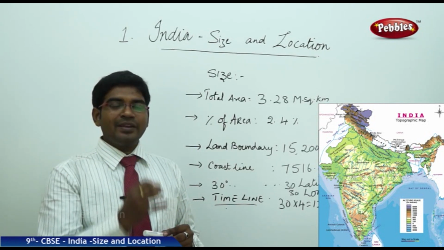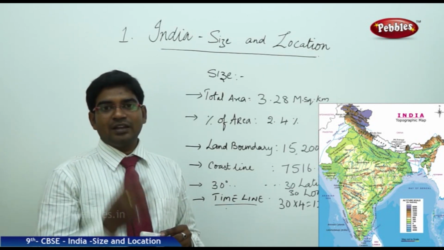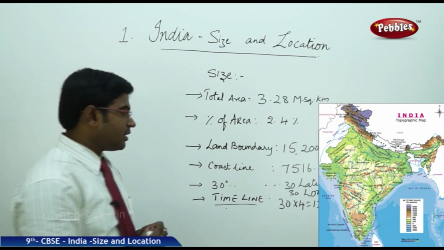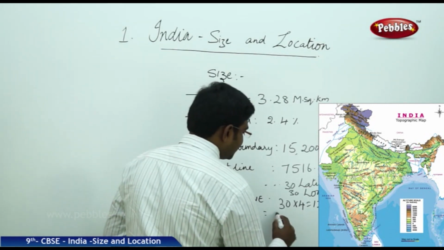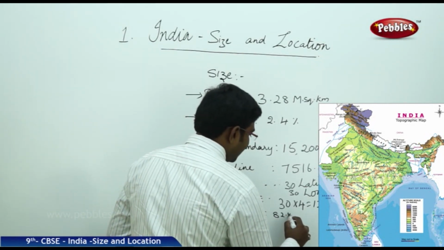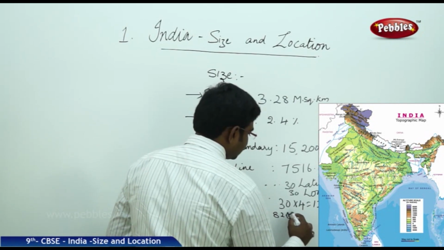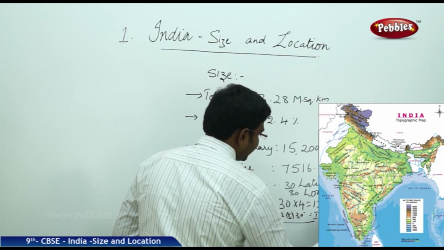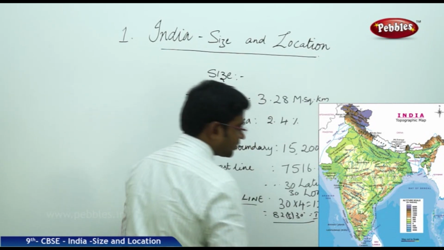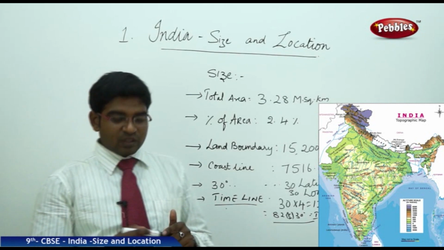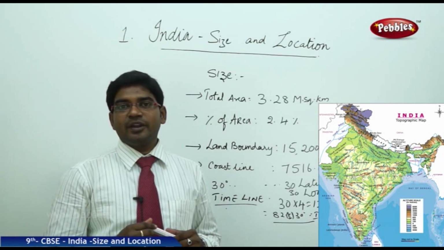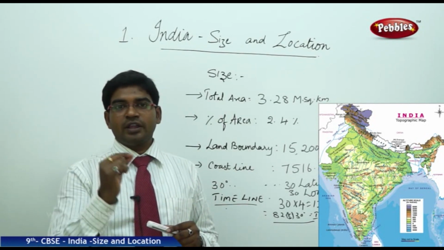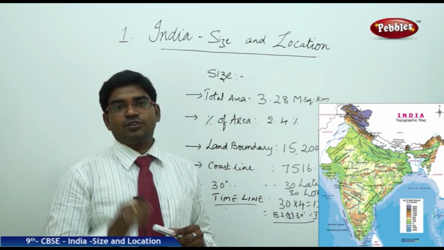That's why, to maintain a standard time across the whole country, they have fixed the standard meridian at 82.5 degrees. So the Indian timeline will be determined based on the longitude of 82 degrees 30 minutes, or 82.5 degrees longitude.